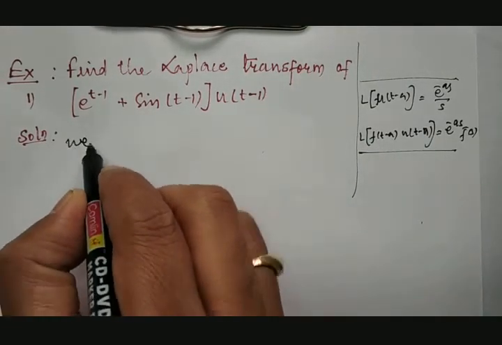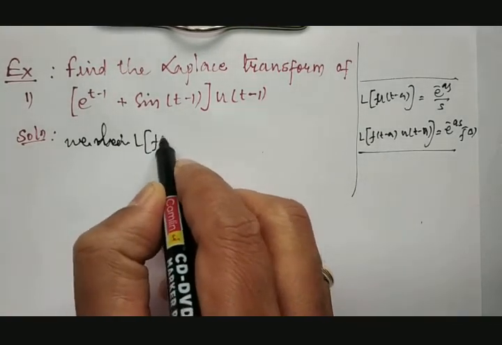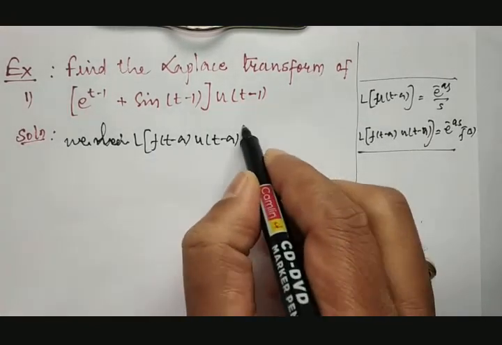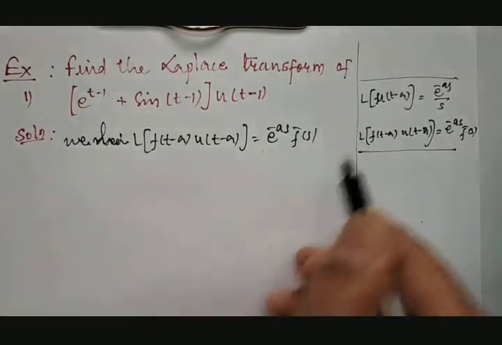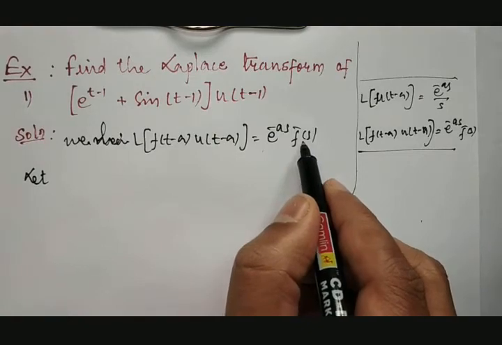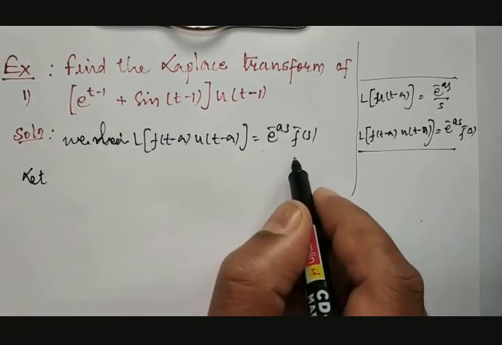Therefore, I'll take the property Laplace transform of f of t minus a into u of t minus a is equal to e raised to minus as into f bar of s. So first we need to obtain f bar of s.